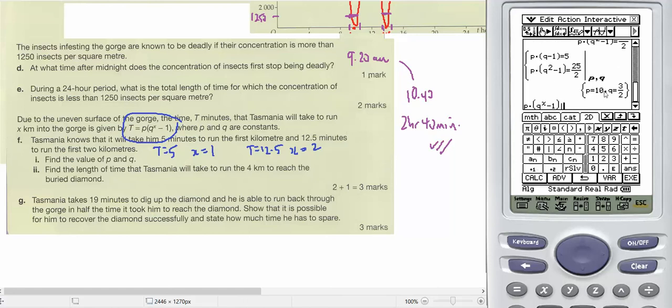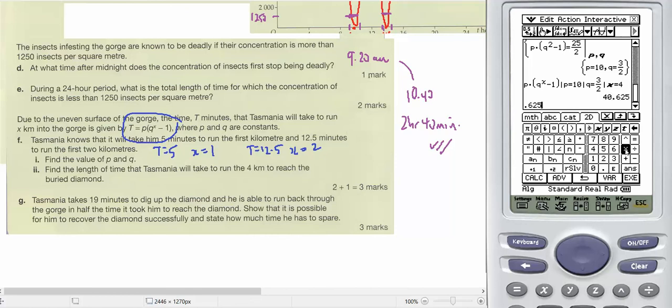I know that P equals 10, and I also know that Q equals 1.5, and I want to say that X equals 4, and that gives me a time of 40.625.